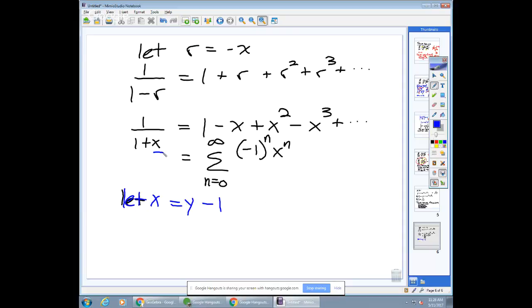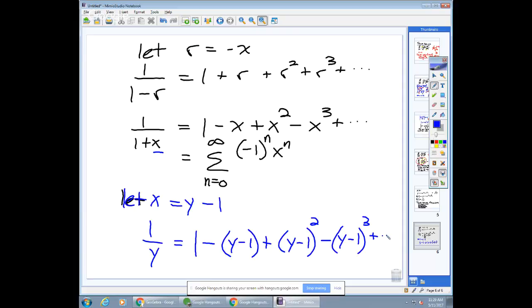All right, so if I replace x here with a y minus 1, then I'm going to get 1 plus y minus 1, which is just y. So I'm going to get 1 over y equals, and over here, I'm going to get 1 minus, I got to put stuff in parentheses, y minus 1 plus y minus 1 squared minus y minus 1 cubed. See a pattern there?